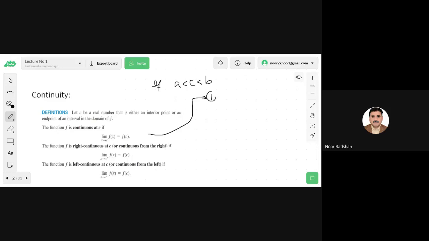Two quantities can be equal only if both of them exist. So first, we check whether f of C exists or not. So we say f of C must be defined, and what do we mean by defined? Defined means it will not be 0 by 0, or any indeterminate form.